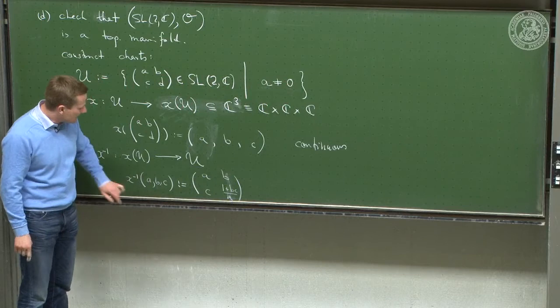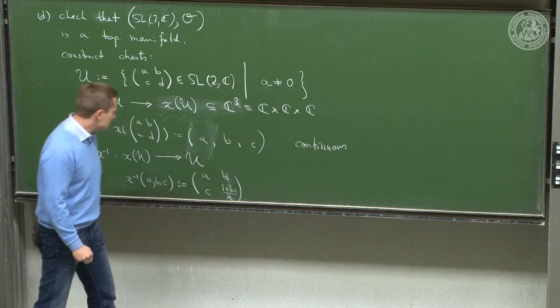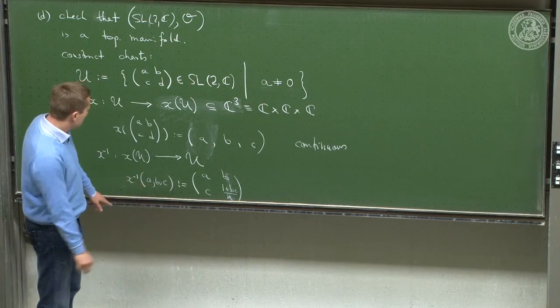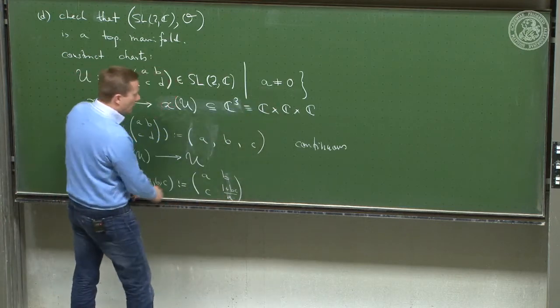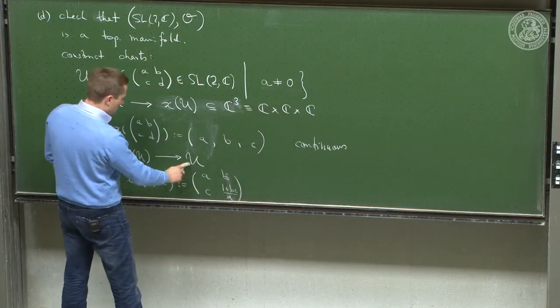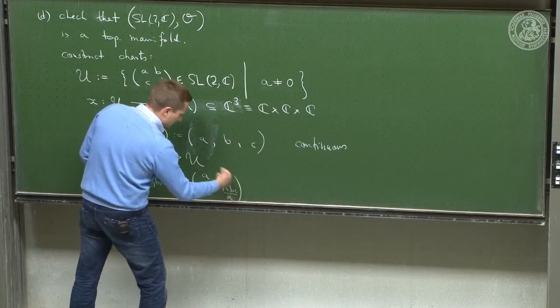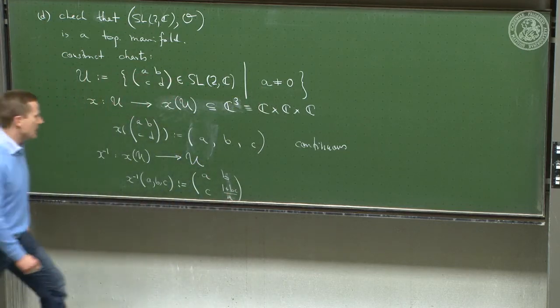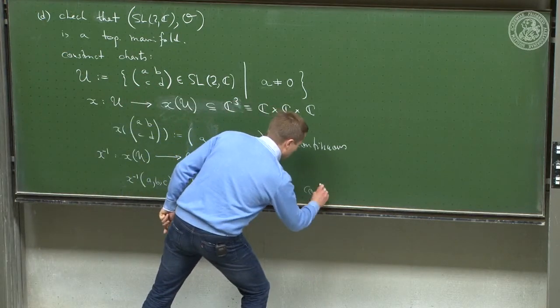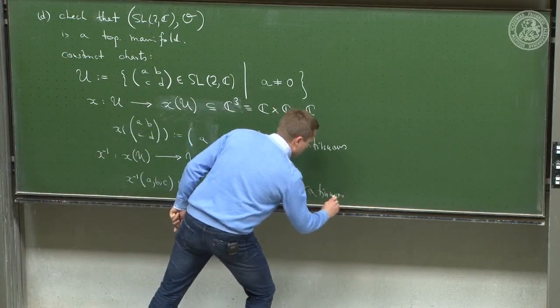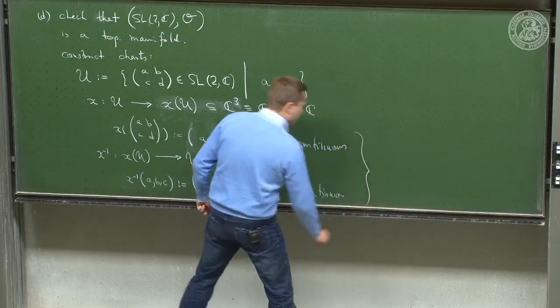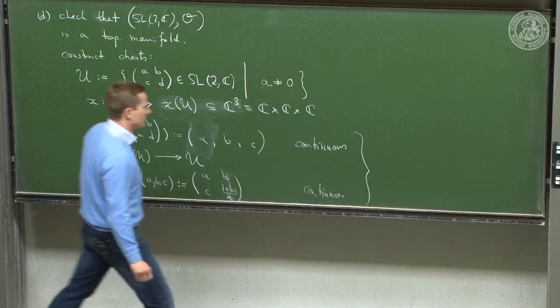Okay, so that's the inverse. We have this, and you can check again, because A is non-zero on that domain, certainly this is, again, a continuous map. So the map is invertible and continuous in both directions.